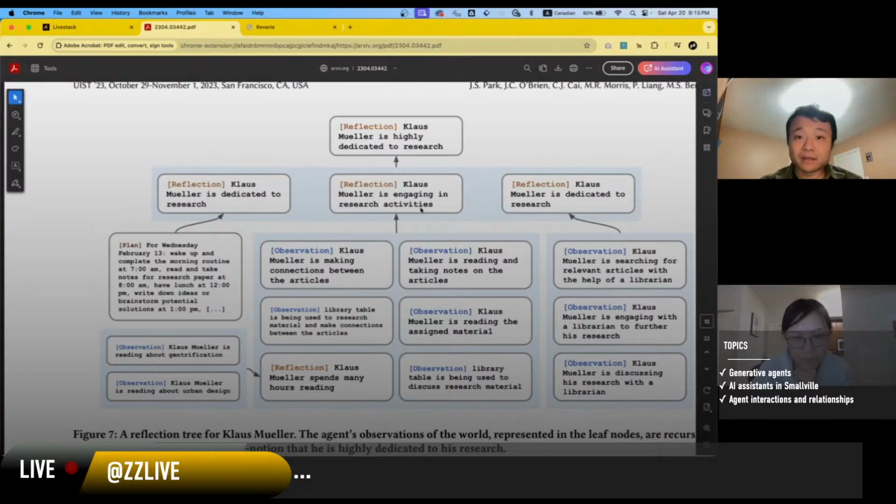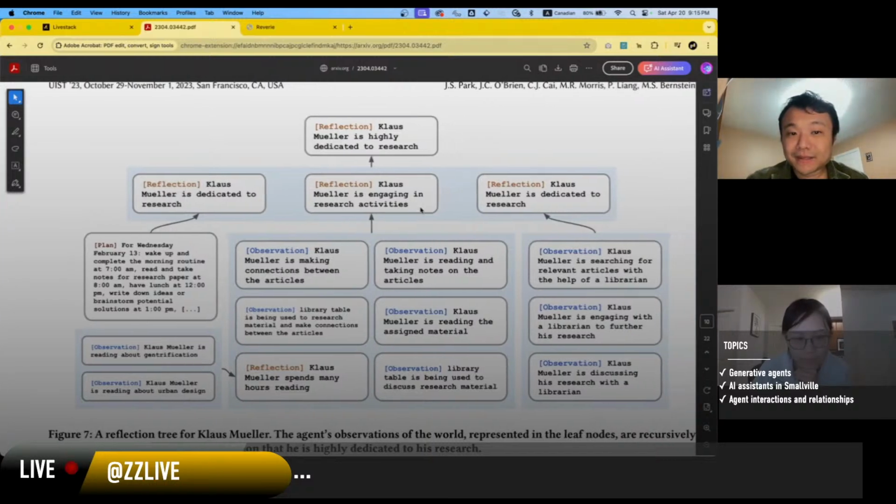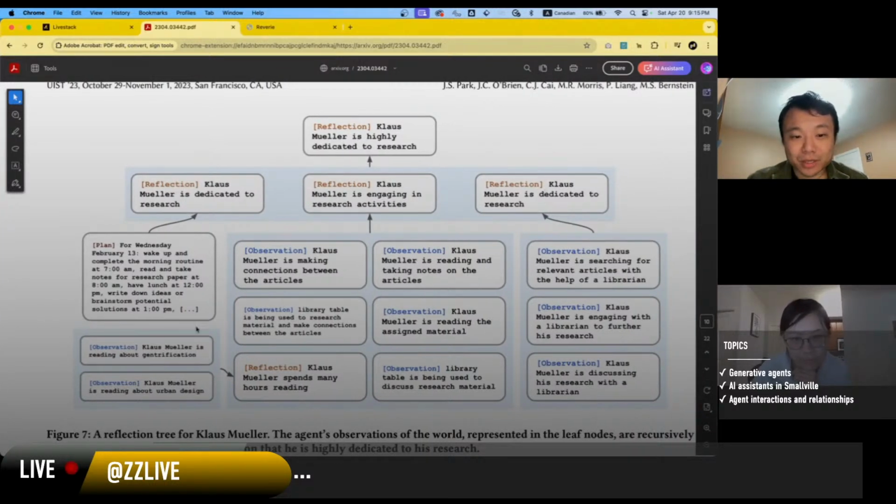Yep. And then based on all these streams coming from the lower end, on this level you get: dedicated to research, engaging in research activities, dedicated to research, highly dedicated to research. Okay, what the heck?